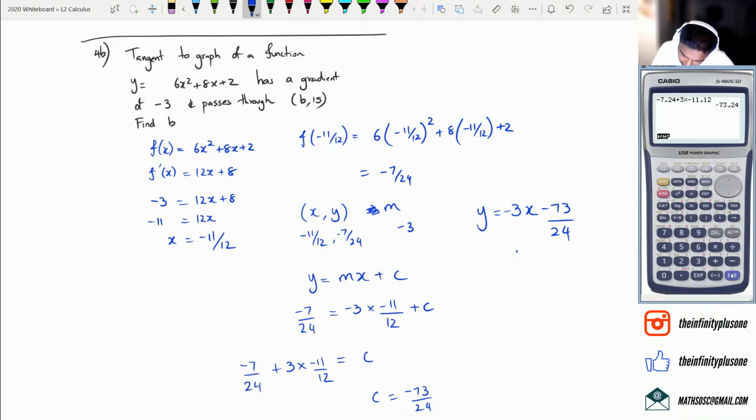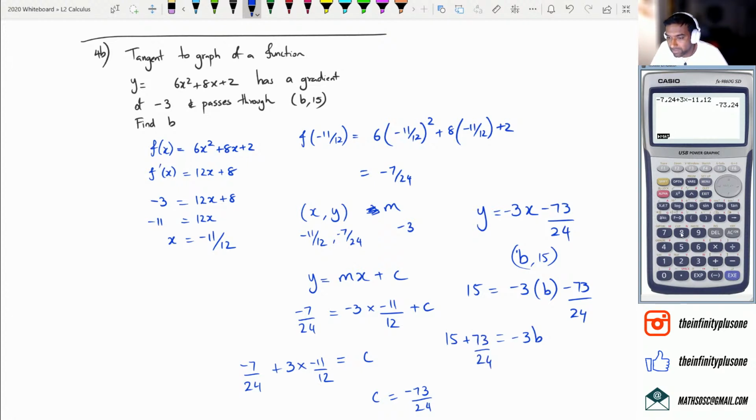So now the point that we're looking for is b and 15. So we're going to substitute: 15 is equal to negative 3 times b minus 73 over 24. So negative 3b equals 15 plus 73 over 24, whatever that is. I guess this is why it's nice having that calculator.